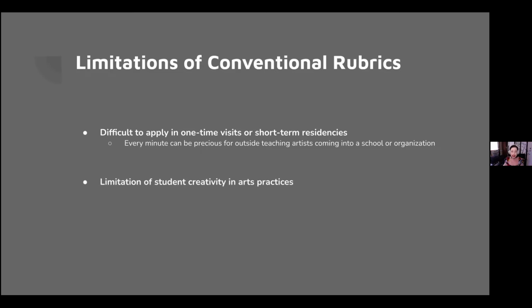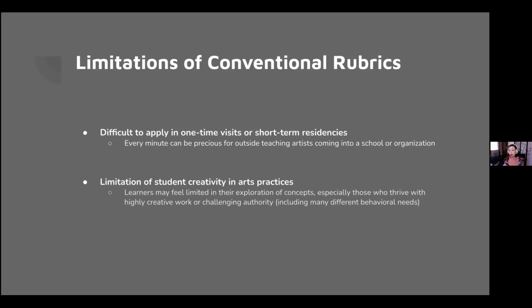There's a real limitation of student creativity in arts practices sometimes when we use a more conventional rubric. We've probably all had the experience of a learner who clearly gets what we're doing and is connecting with the art, and they're creating art in a perhaps different way than we expected, different way than we might be evaluating for. We don't want learners to feel limited in their exploration of concepts.